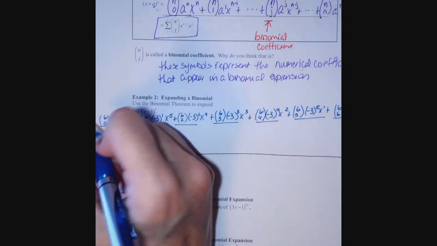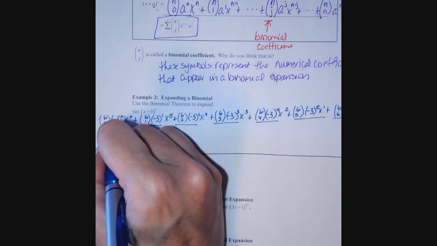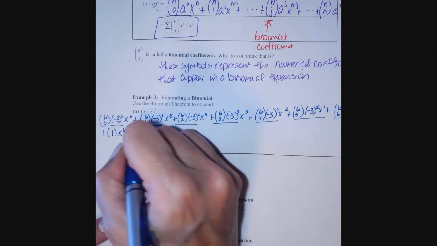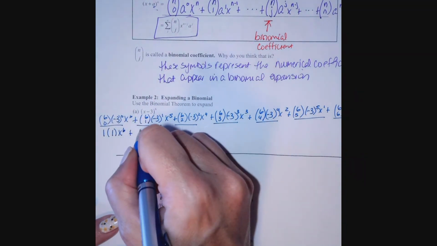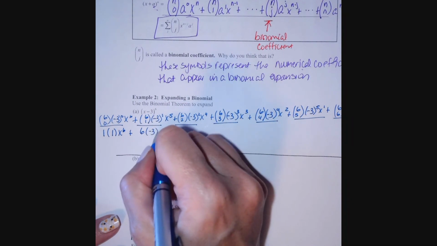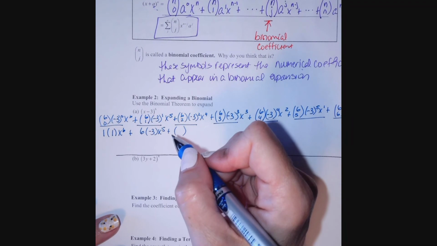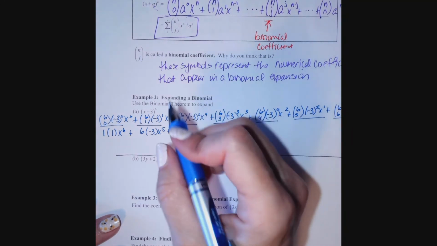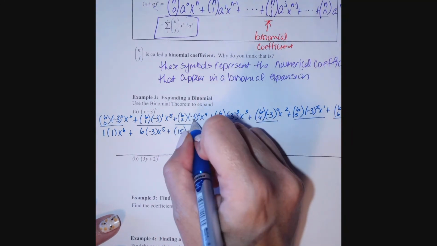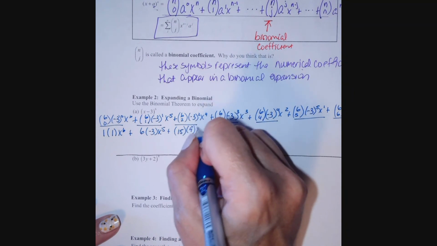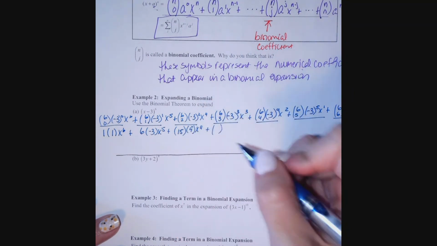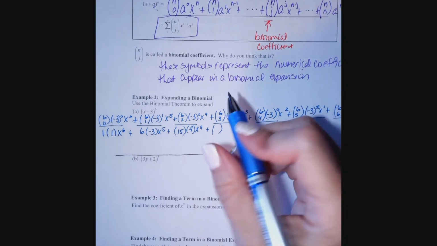So this first binomial coefficient is 1, negative 3 to the 0 is 1, x to the sixth. Second binomial coefficient is 6, negative 3, x to the fifth. Third binomial coefficient then is 15. Negative 3 squared is 9, x to the fourth. Next binomial coefficient is 20.